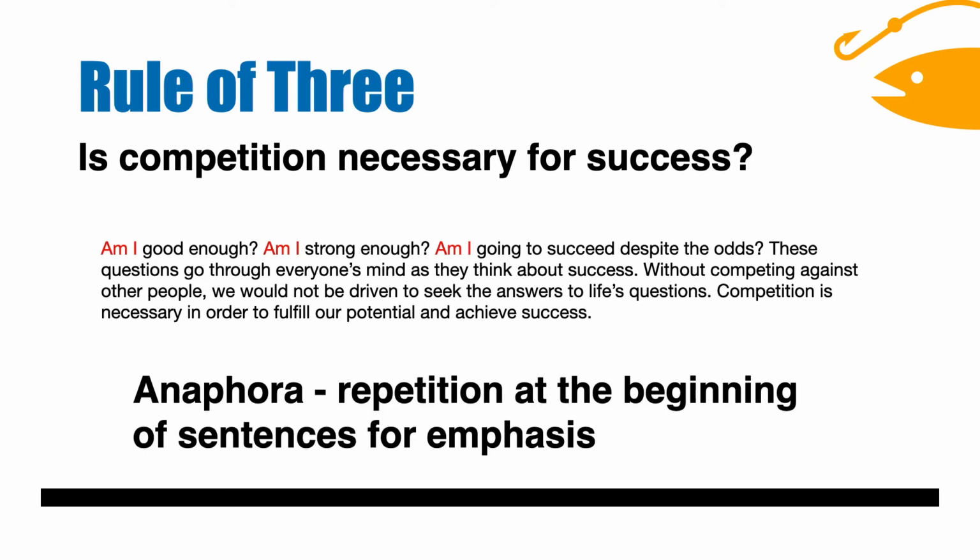Am I good enough? Am I strong enough? Am I going to succeed despite the odds? These questions go through everyone's mind as they think about success. So by opening with the repetition of am I, that's the anaphora use, I'm helping the reader start to think about the topic I'm going to present. And then I go on from there to present my thesis in my introduction.